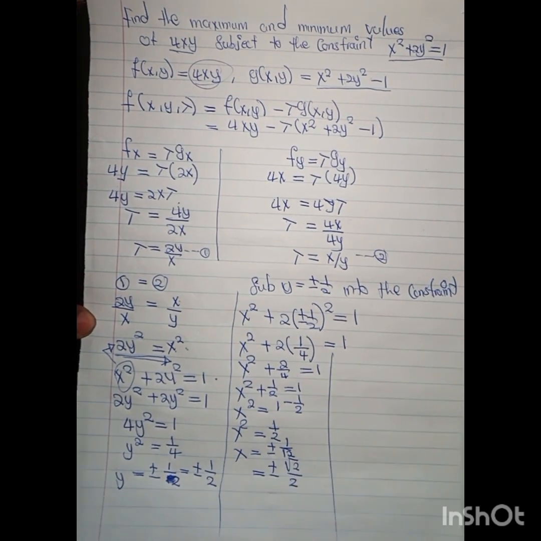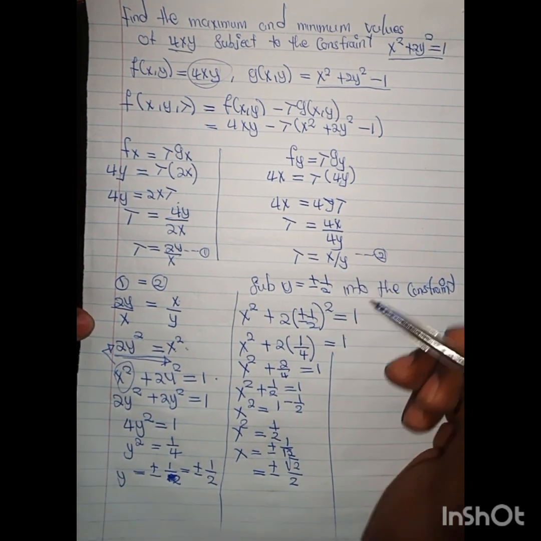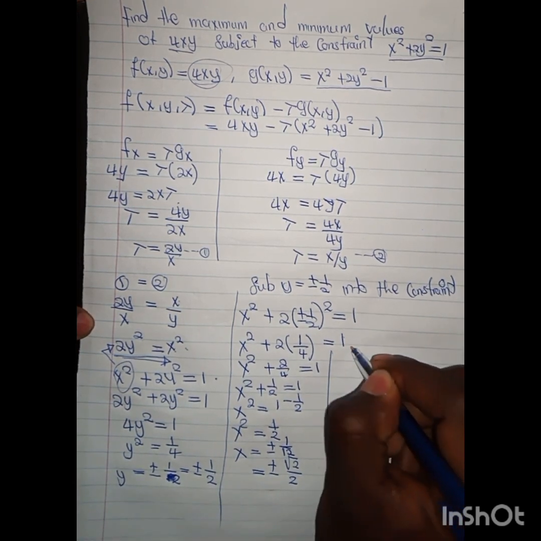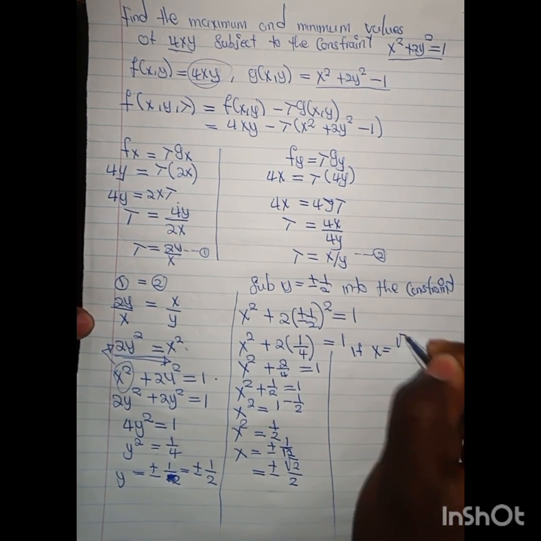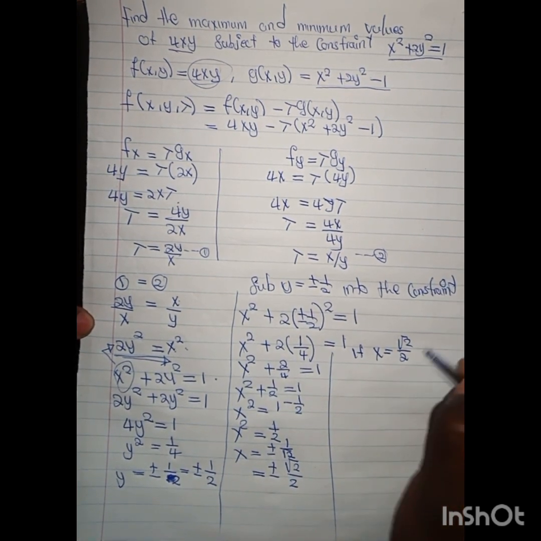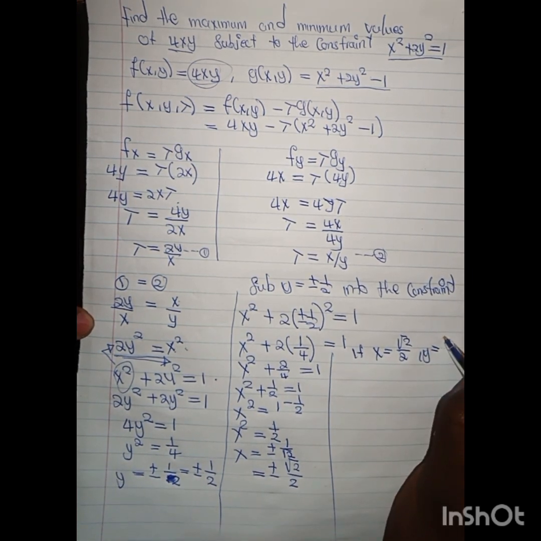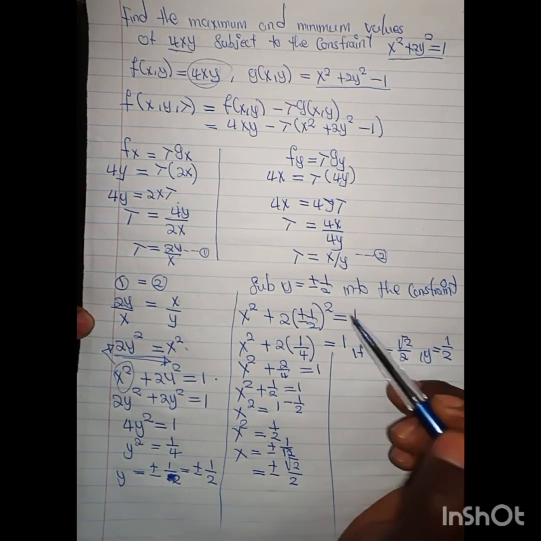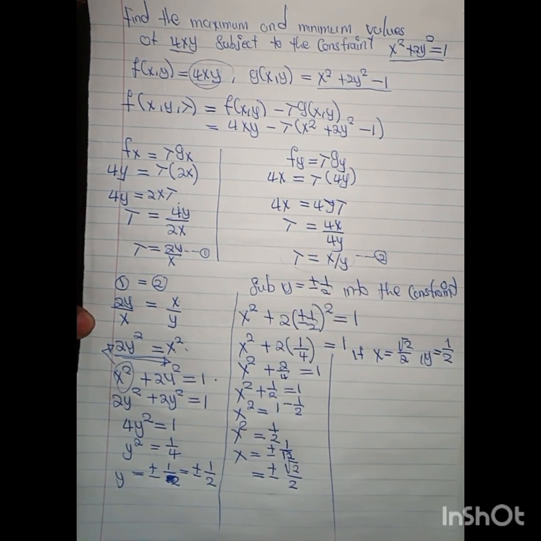Then out of this information, we have already found the values of x and y. Then we also have to find lambda using these points. Let me say if x is equal to positive root 2 over 2 and y is equal to positive half, I want to find the value of lambda, and I can use any of the equations that contain the variable lambda. Let me use this one for now.